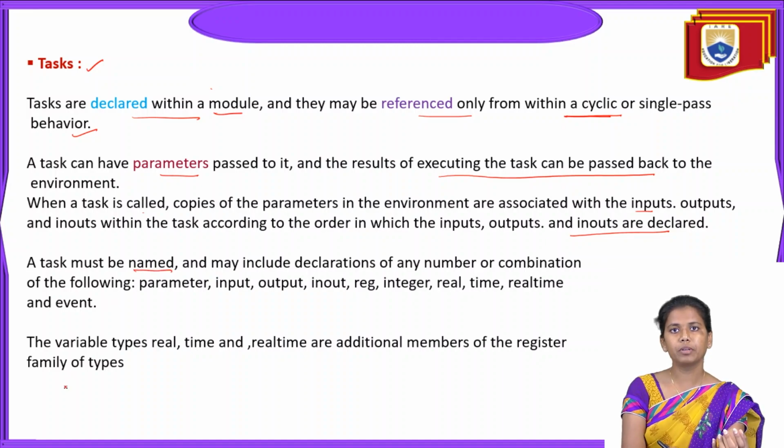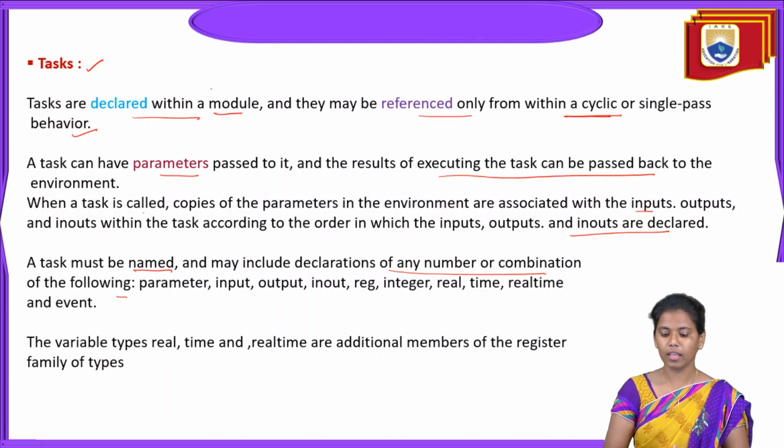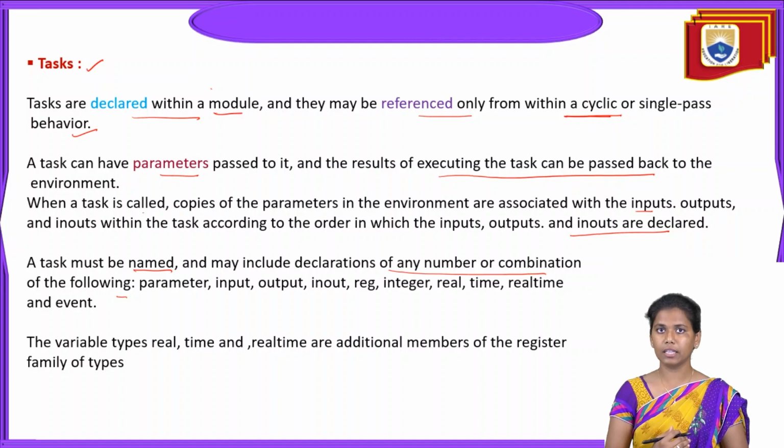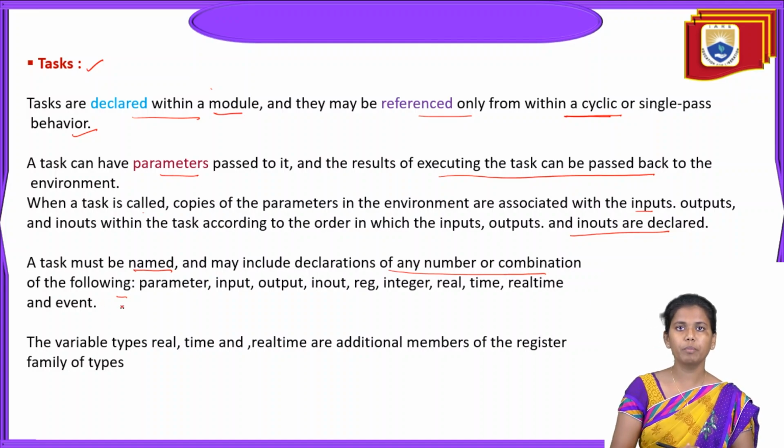For example, if you are performing some task, you have to give a name to that particular task. They must be named and may include declarations of any number or combination of the following. After giving the name, you have to declare the parameters, constrained with respect to the number and the combination of parameters.